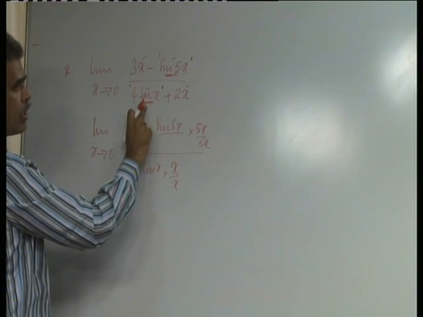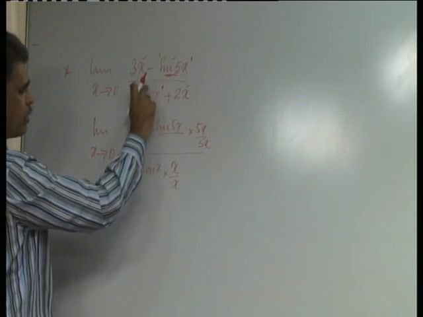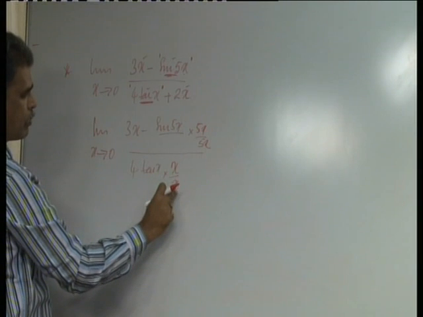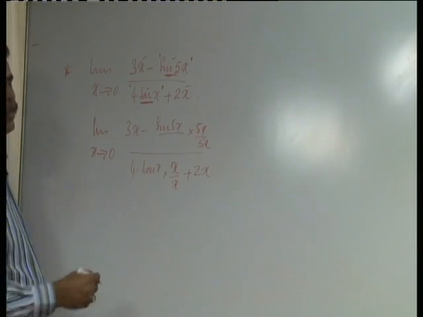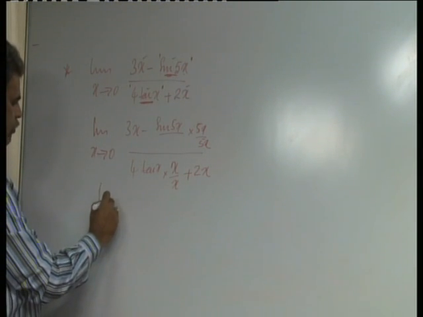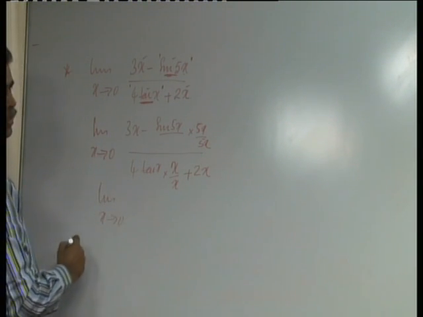Here I need only x at the denominator of tan, therefore I multiplied and divided by x. Then you make this into a convenient form, that is standard form.